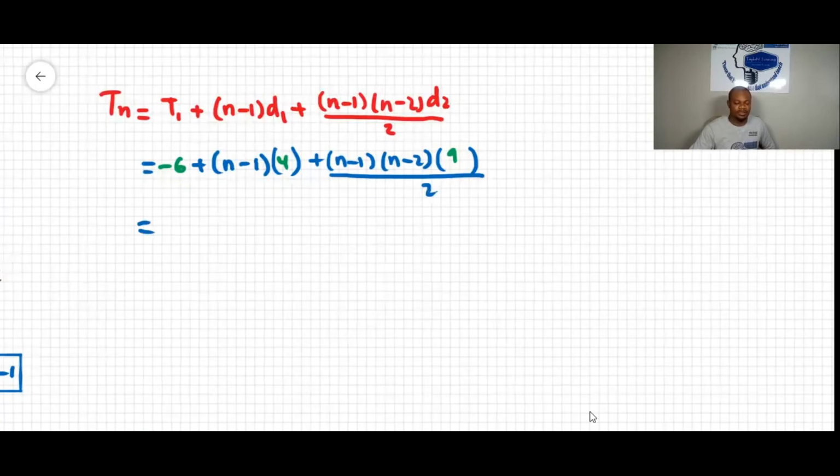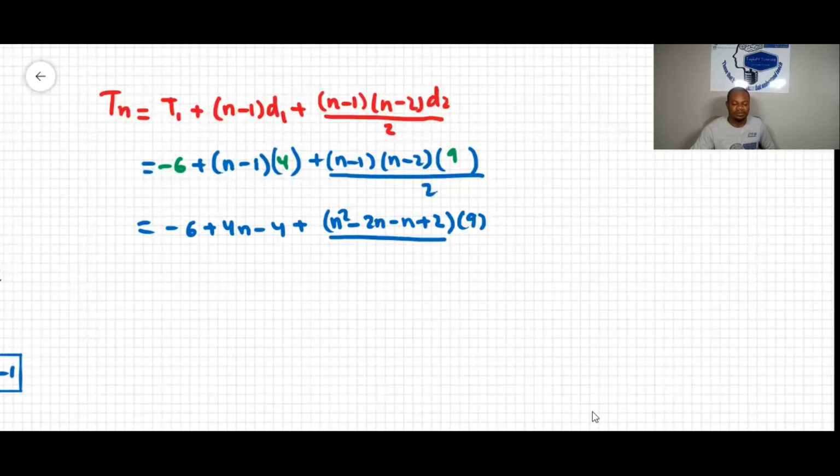Then this will be negative 6, plus 4n minus 4, plus, you can simplify this, n squared minus 2n minus n plus 2, times 9, all over 2.